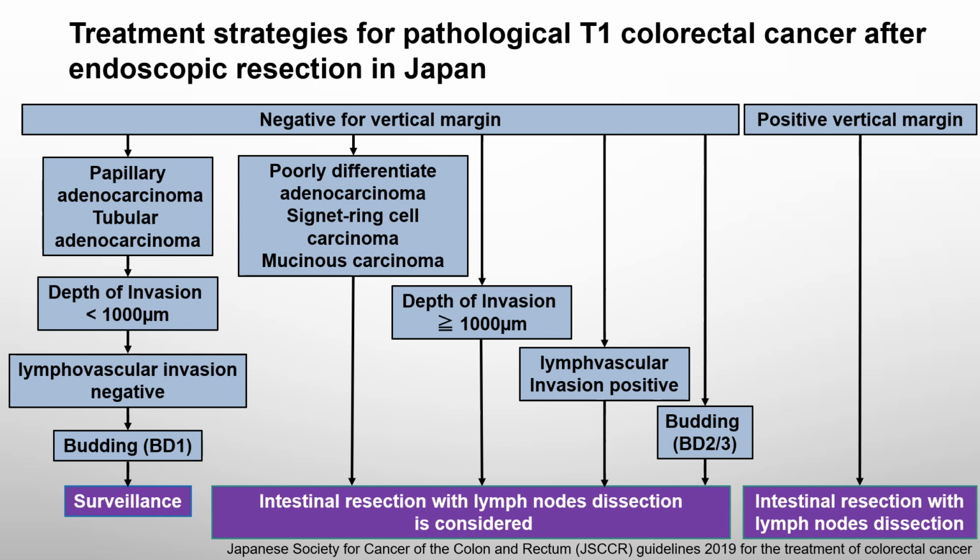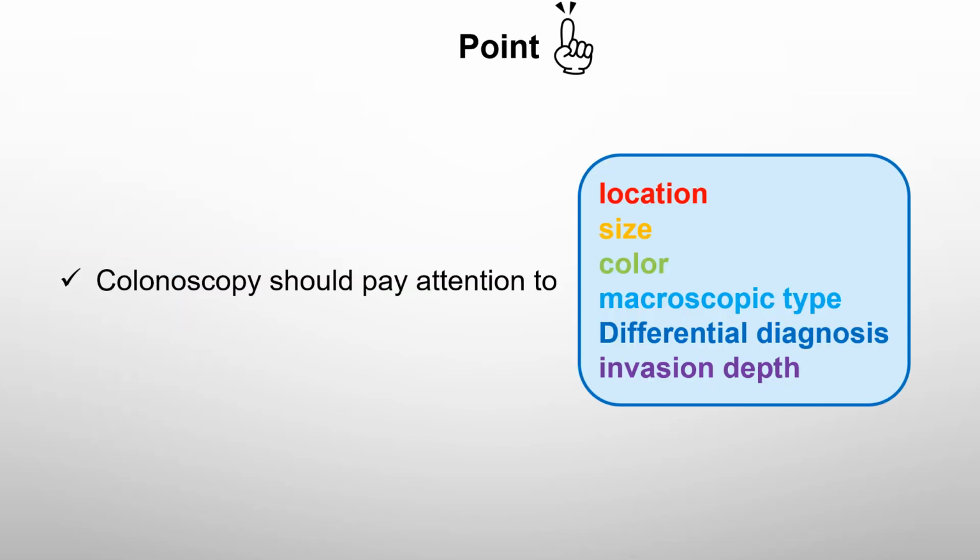Positive for lymphovascular invasion. 3. Poorly differentiated adenocarcinoma, signet ring cell carcinoma, or mucinous carcinoma. 4. Budding grade of 2 or 3 at the site of deepest invasion. The point is as follows.